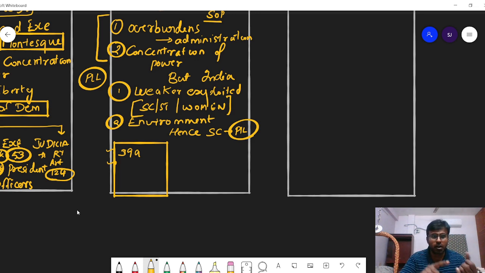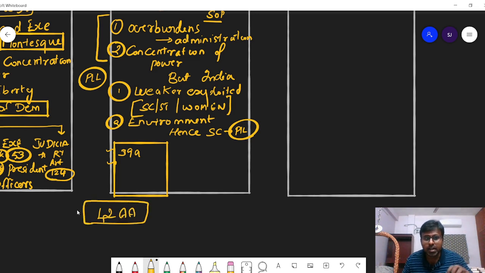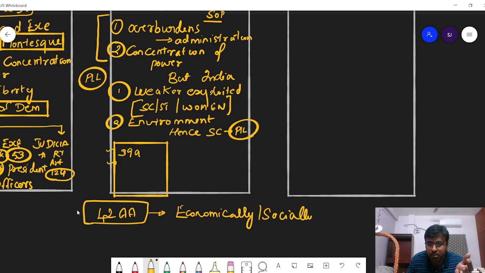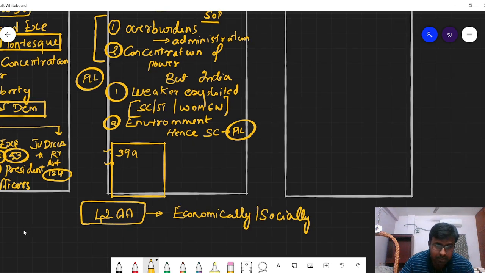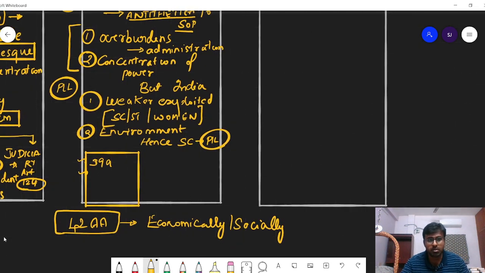It was added in the 42nd Amendment Act. Article 39A says that legal remedy should be available for anyone who is economically or socially weaker, in the sense that they are not able to get justice because of their economic or social status.